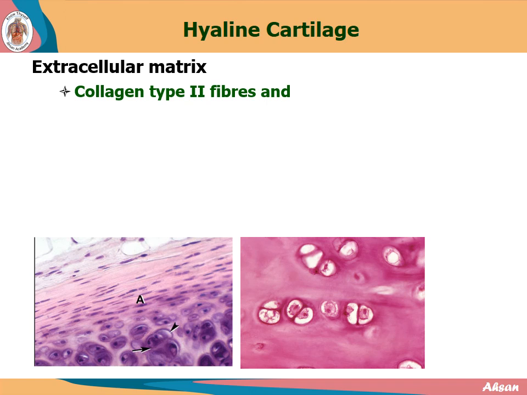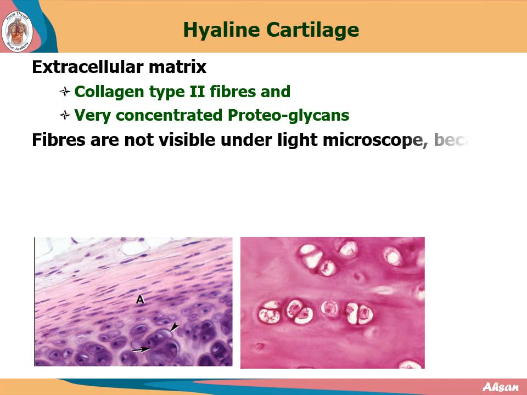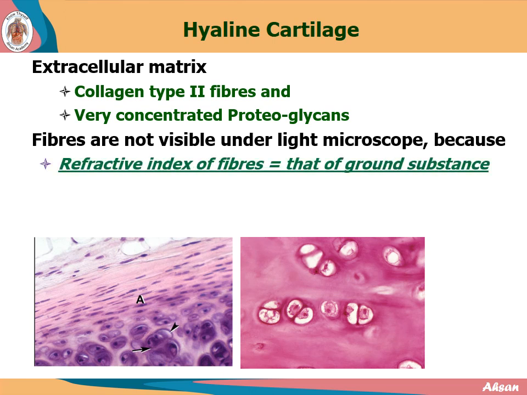The proteoglycan concentration is higher here, so the fibers are not visible, as the refractive index of the fiber and the concentrated proteoglycan matrix is the same. That's why we cannot differentiate them.